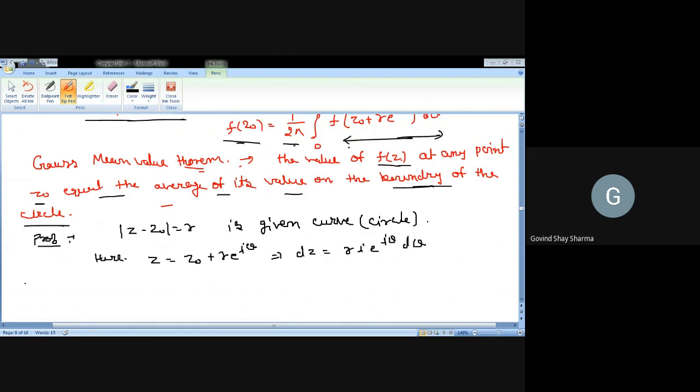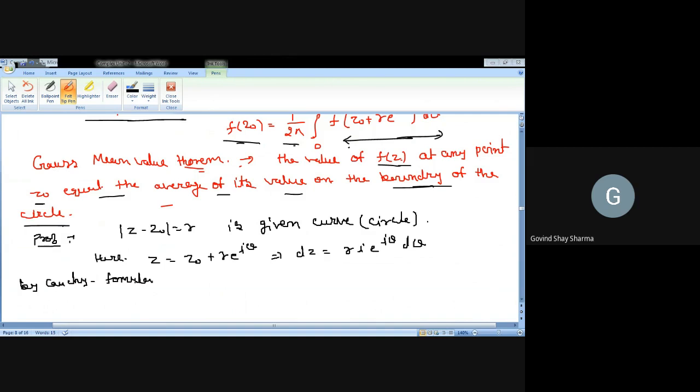Now by Cauchy formula, because the given curve is a circle, we take z equal to z0 plus r e to the power i theta and dz is r i e to the power i theta.